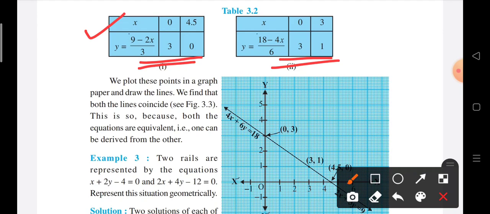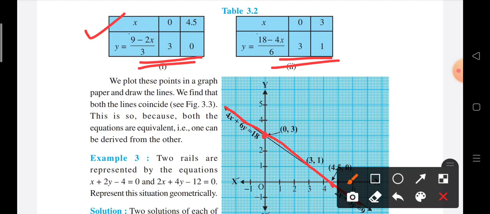So (0, 3) is this point, and (4.5, 0) is that point. We draw a line on the graph for equation number 1.